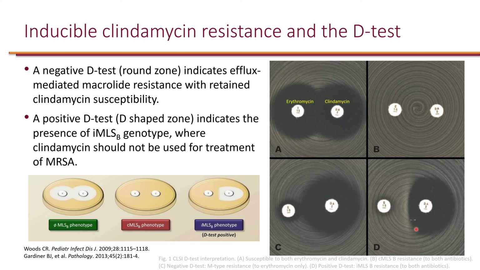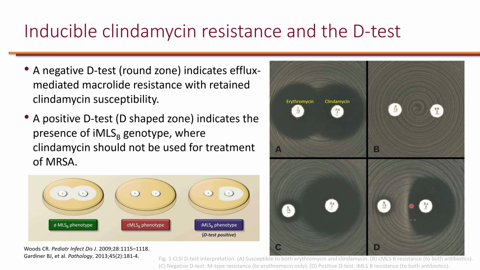So instead of having a complete circular shape, Staphylococcus aureus was actually resistant in the area over here. So essentially the Staph aureus that was over here got induced, and it's actually resistant to clindamycin. Whereas on the other side, you don't really have erythromycin over here, so it did not induce resistance to clindamycin, so you have a zone of inhibition. So what that means is that you have a D shape.